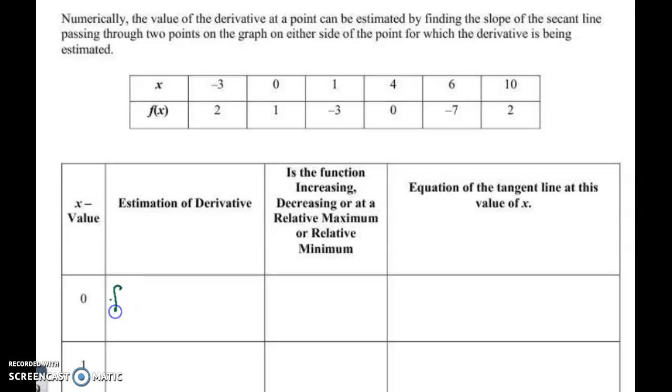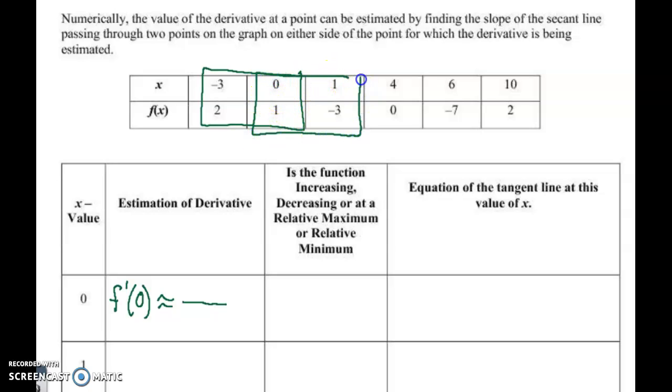So when you're estimating f prime of 0, you just have to remind yourself that the derivative is the slope. So what you can do is you can use these 2 points to estimate the slope at that point. You could use these 2 points, or you can use the outside points.